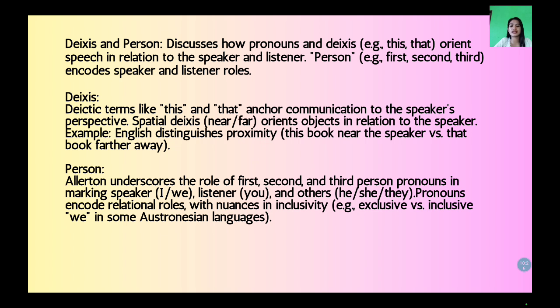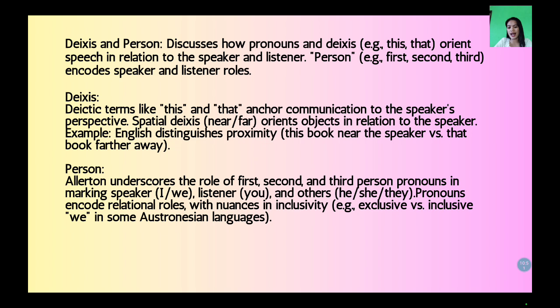Deictic terms like this and that anchor communication to the speaker's perspective. Spatial deixis, near or far, orients objects in relation to the speaker. Example, English distinguishes proximity: this book, near the speaker, versus that book, farther away.